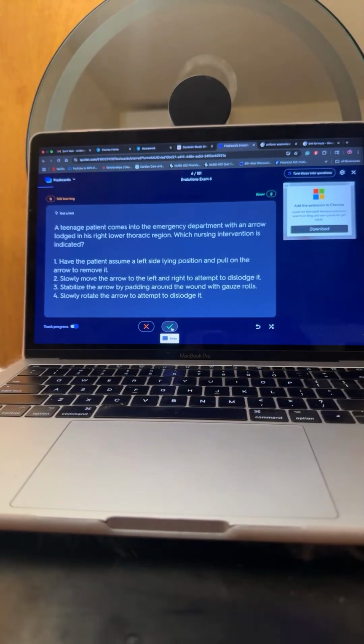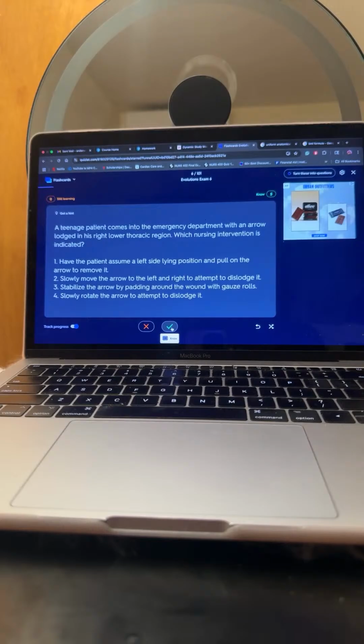Perfect. A teenage patient comes into the ED with an arrow lodged in his right lower thoracic region. Which nursing intervention is indicated? Have the patient assume a left side-lying position and pull on the arrow to remove it; slowly move the arrow to the left and right to attempt to dislodge it; or stabilize the arrow by packing around the wound with gauze rolls.